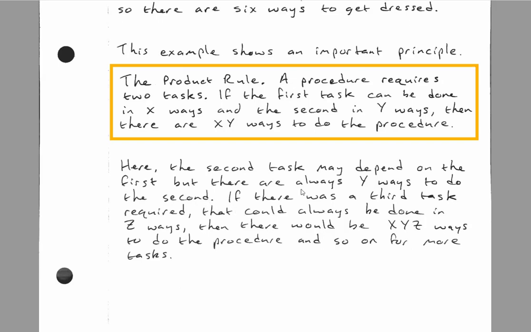All we need is that whatever happens in the first task, the number of ways to do the second task is always the same, always Y ways. The ways could be different depending on what happened in the first task.